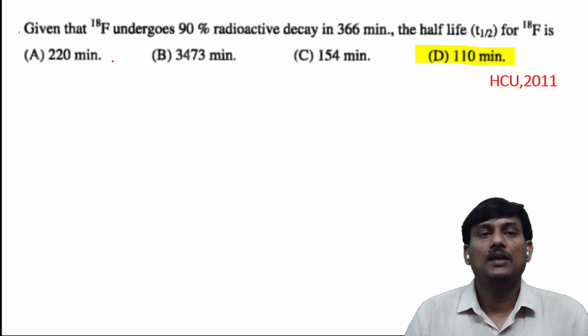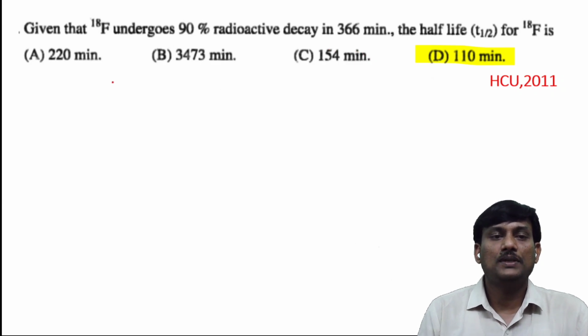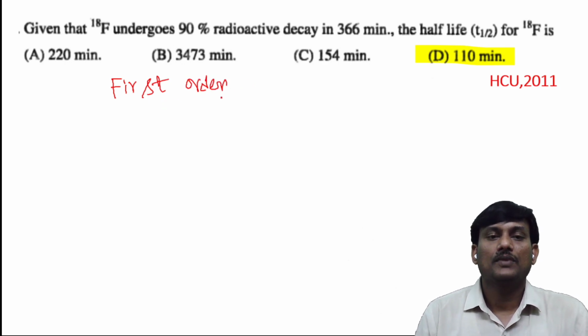Given that 18F undergoes 90% radioactive decay in 366 minutes, the half-life T half for 18F is? We know that radioactive decay follows first order kinetics. If you take any radioactive decay, the kinetics of radioactive decay is first order kinetics.